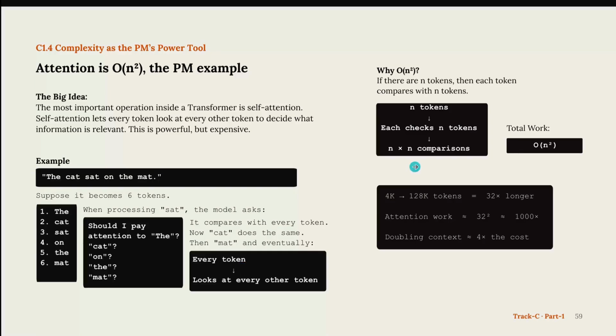At 4k to 128k tokens, the jump is 32 times. The attention work required is 32 square, which is about 1000x more time. Doubling the context multiplies the cost by 4 times.